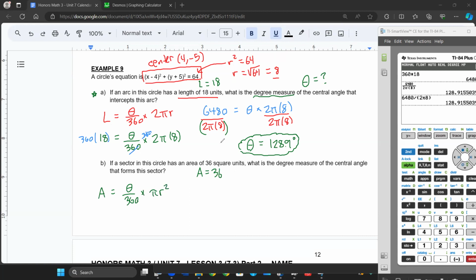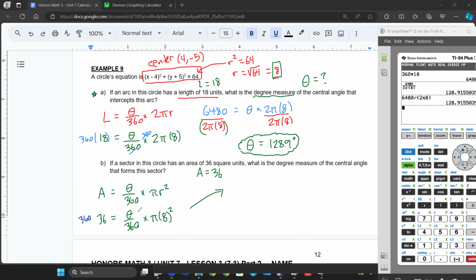And we still know the radius. That's still going to be 8. The A is going to be 36. So I'm going to write 36 equals theta over 360 times pi 8 squared. And we're pretty much going to do it just like the last problem here. So we want to multiply that 360 by 36.